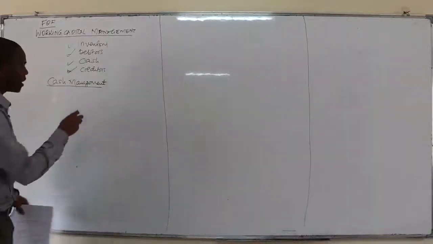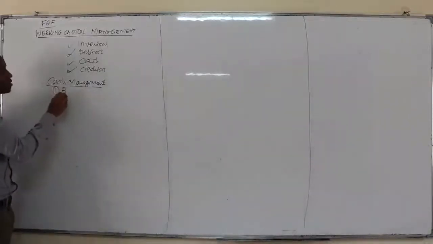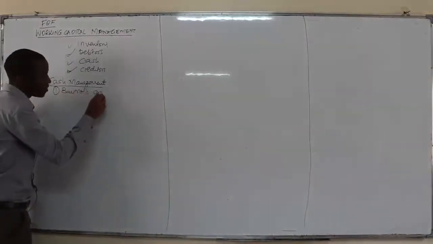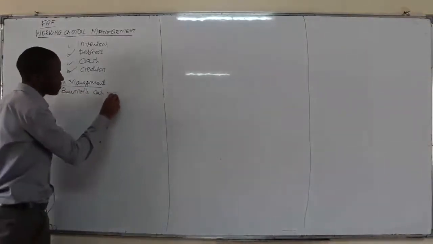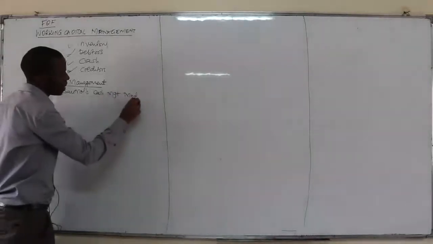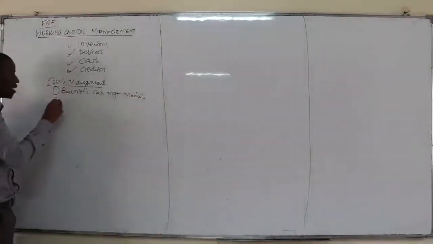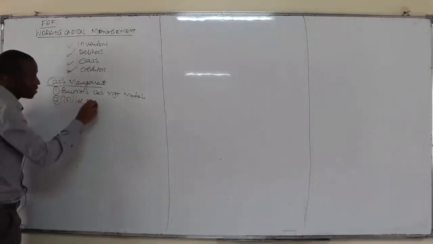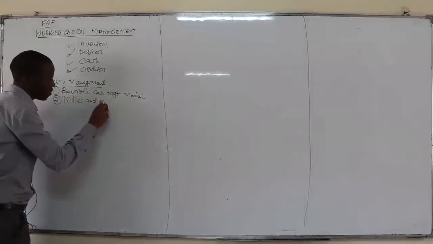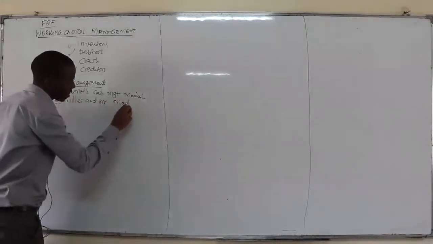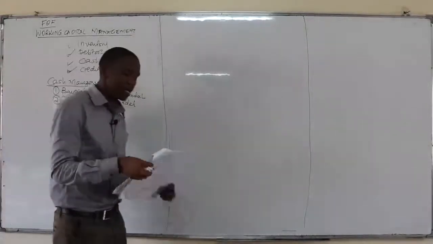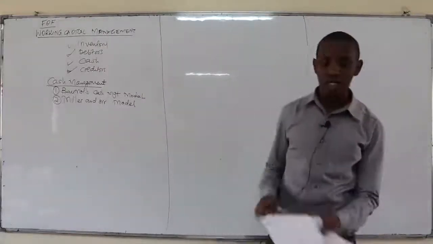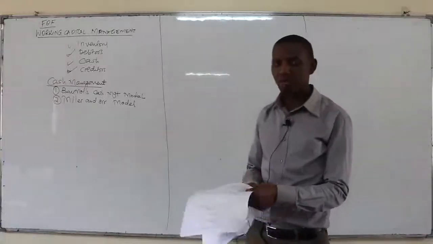Number one, we have what we call the Baumol cash management model. And then number two, we have what we call the Miller and Orr cash management model.